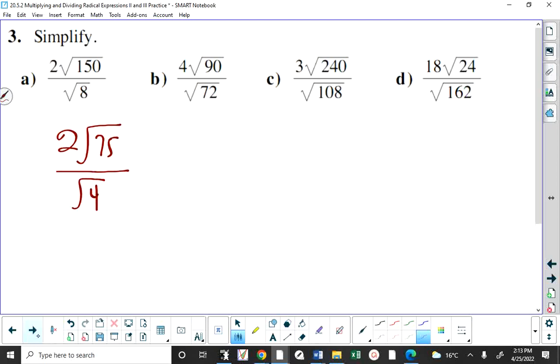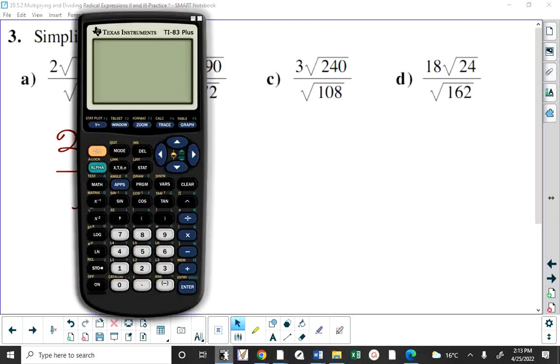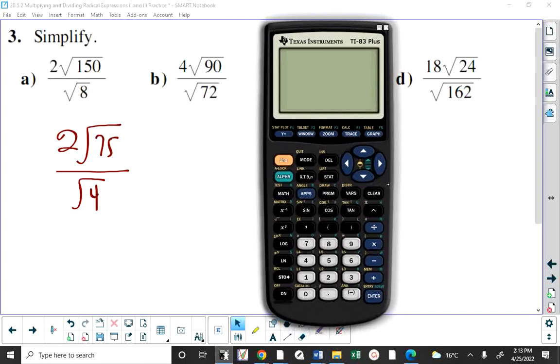And, you know, I'm not saying you can't do this. There's nothing wrong with you taking 150 divided by 8, seeing what you get, putting it into decimal form. There's nothing wrong with that. You know, the next unit's going to be challenging if that's the only way you can do it.